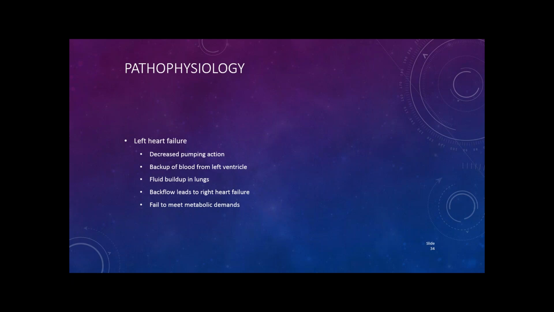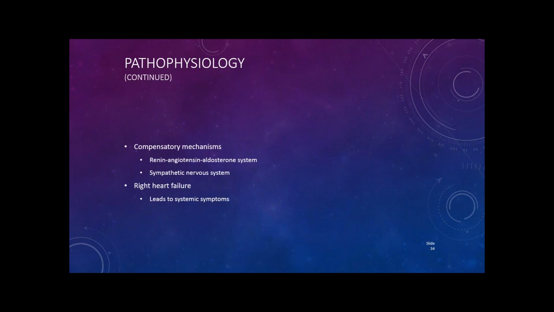This then results in a buildup of fluid in the lungs, and they become congested, right? And as it continues to back up, it will eventually lead to a right heart failure. With this kind of failure, we are actually failing to meet the patient's metabolic oxygenation demands in the system, okay?